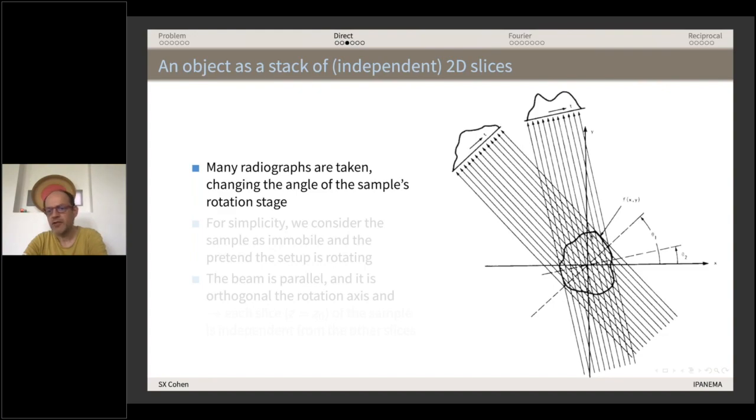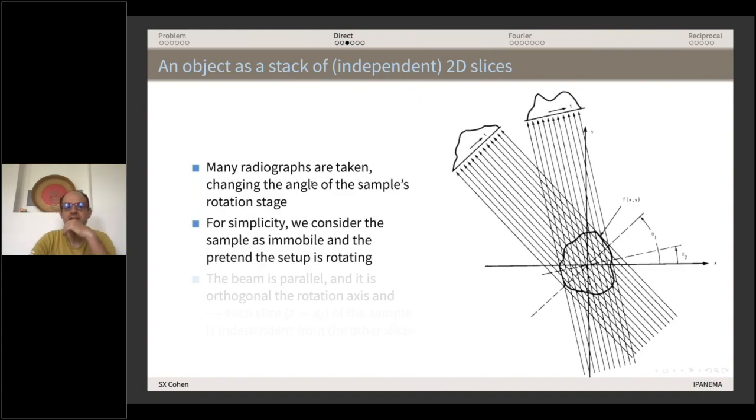For each angle, it depends on the path of the corresponding X-ray within the matter. What is important is that you consider that the X-rays go straight. So for a given pixel here, you know that this pixel corresponds to this ray, which goes through here and to this part of the sample, not another one.